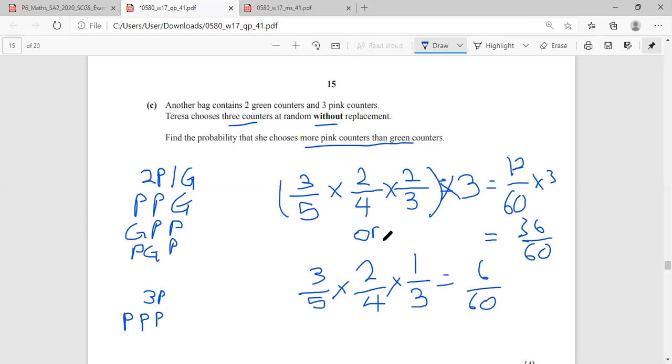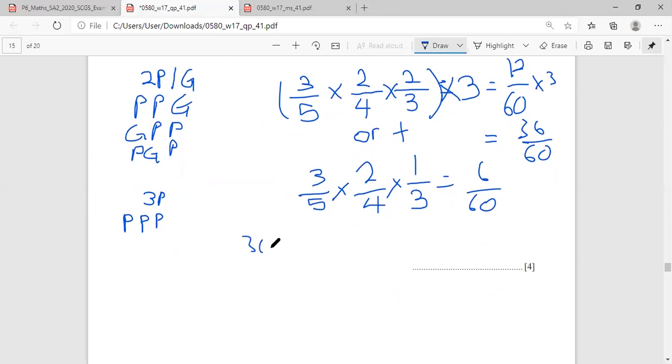So when it is an or condition, you have 2 different conditions, you plus. So you plus these 2 numbers together, 36 over 60 plus 6 over 60. So you will get 42 over 60. This is your answer.